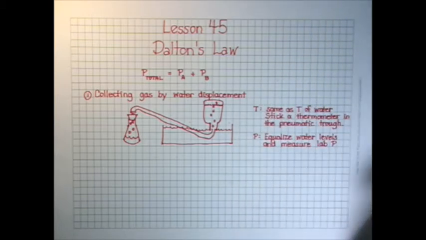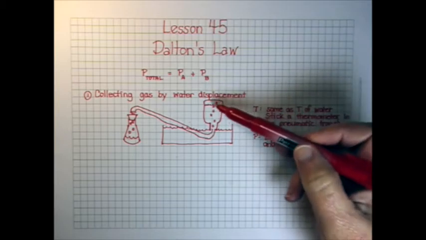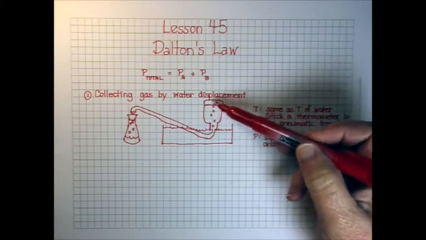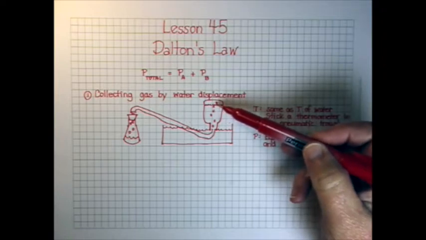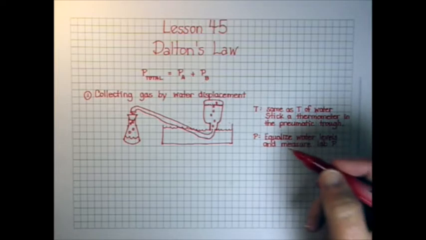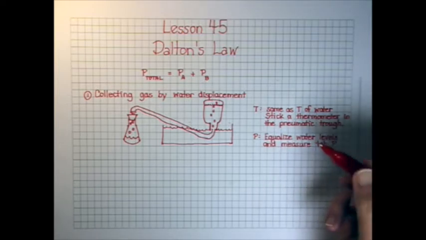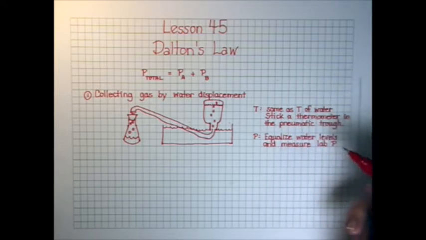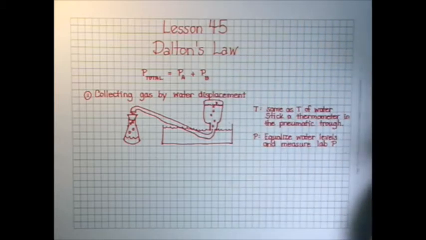However, we now have a second problem, because the gas that is up here is not just the gas that we're trying to collect. It's a mixture of the desired gas and water vapor. So now we're going to have to use Dalton's law to figure out what the pressure of the desired gas is.